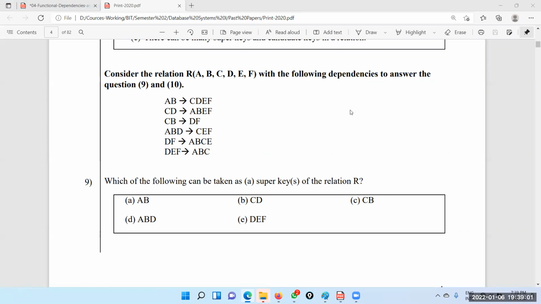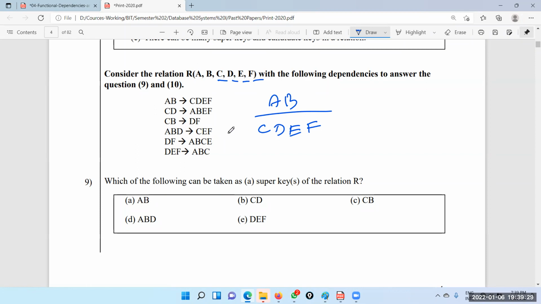Okay, so let's check it. We have to start with the given things. So we have to do a little bit of trial and error. AB determines C, D, E, F. Now we need AB also.